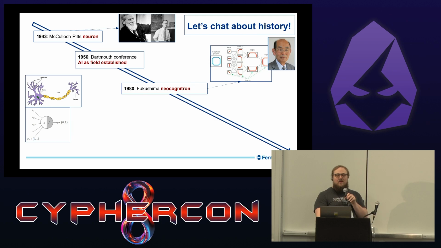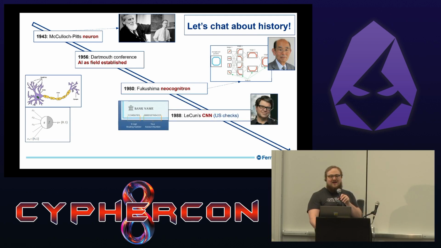Then from there, the next big step of note is Fukushima's neocognitron, which was the first model to do pattern recognition on shapes. From there, in 1988, the first widely deployed convolutional neural network from LeCun was deployed to look at handwritten digits on checks.